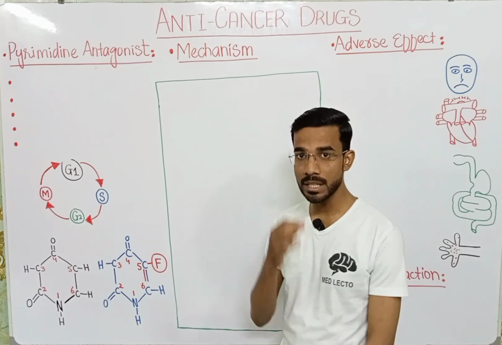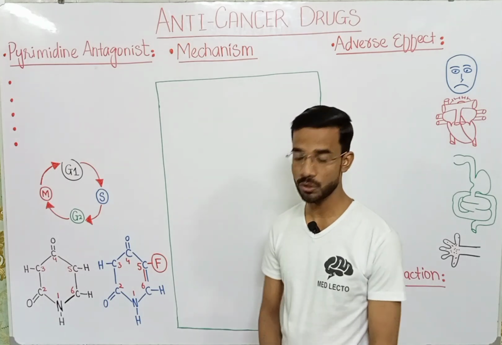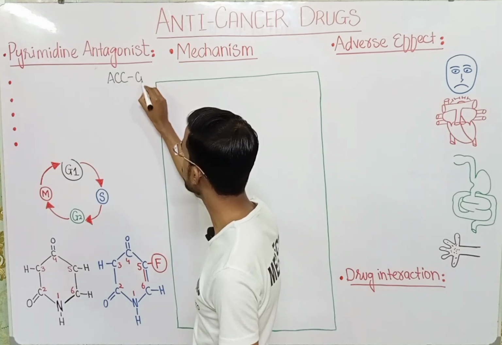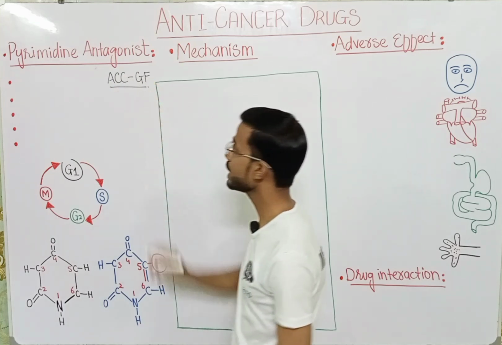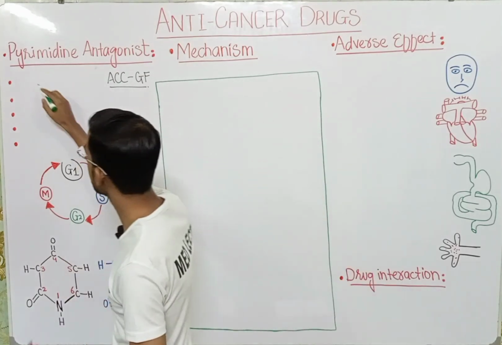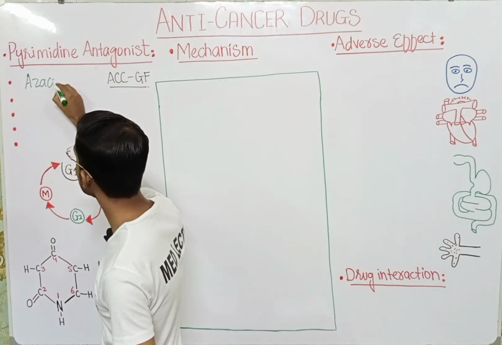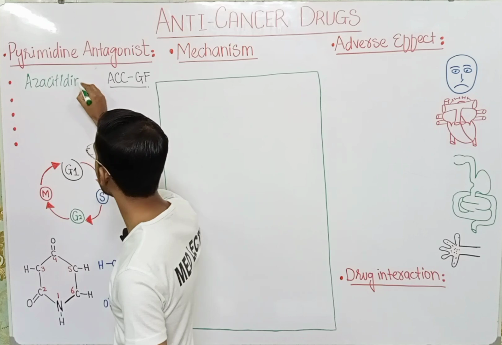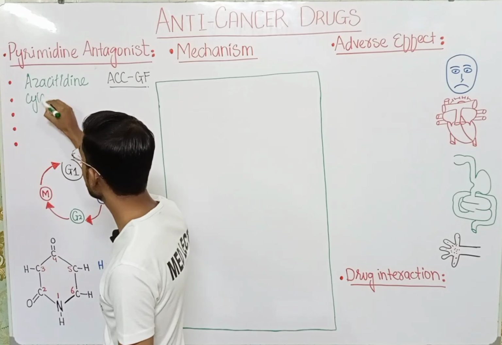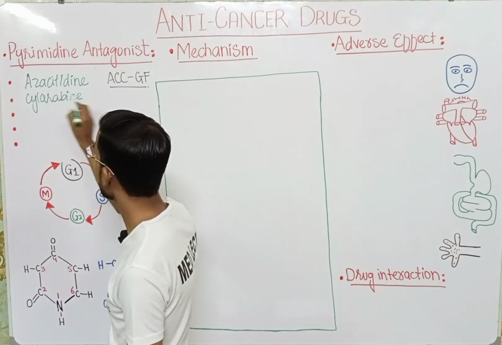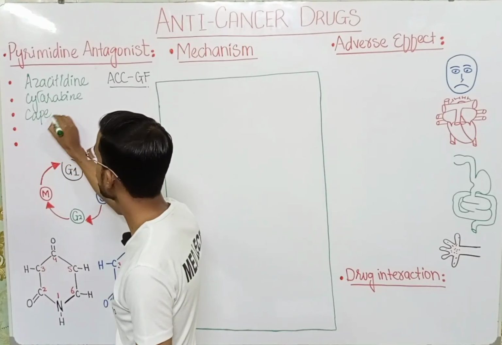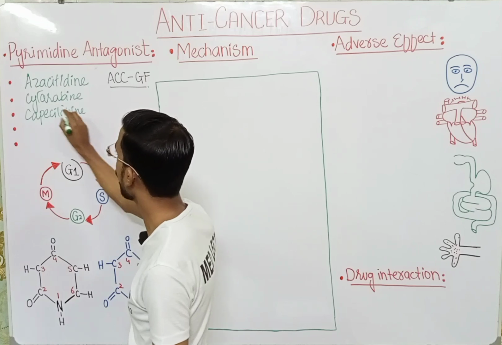You can remember these drugs by a mnemonic: A, C, C, G, F. A stands for azacitidine. C for cytarabine, and another C for capecitabine.